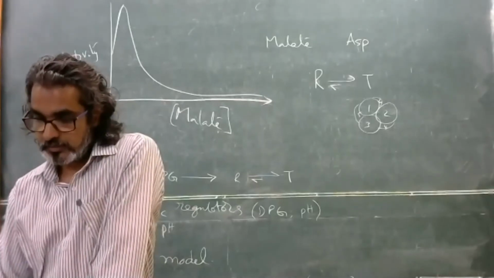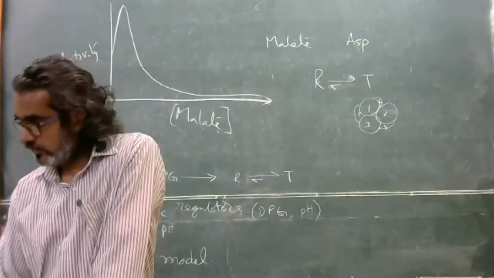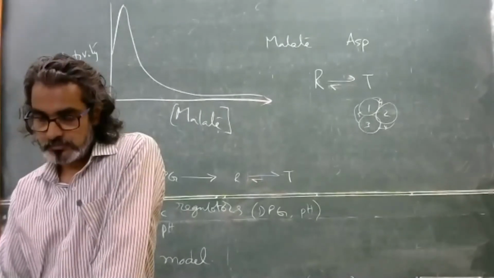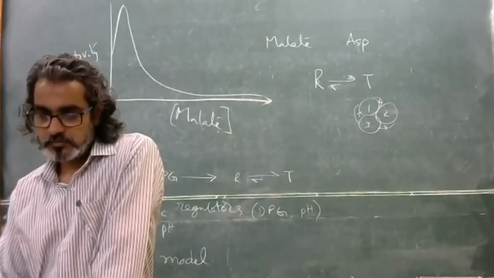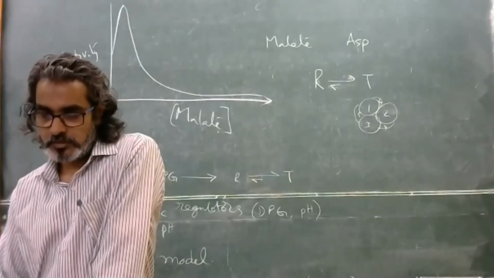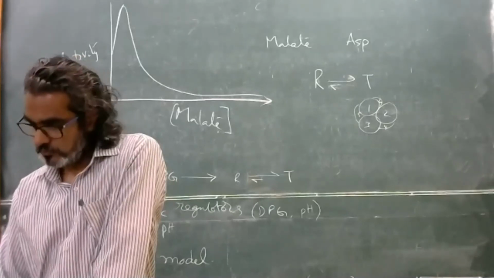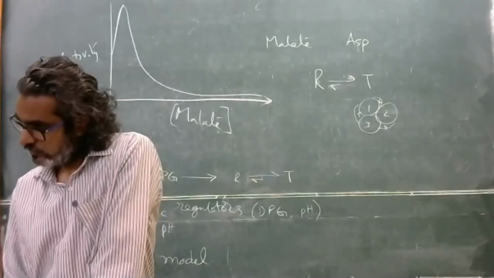Sir, I have some doubts regarding this. Okay, go ahead. Sir, when you were telling about DPG binding with hemoglobin and decreasing the affinity towards oxygen, can we say that DPG has 2 phosphate groups and 1 carboxylate group, which are negatively charged, and this can form salt-bridge type interactions by stabilizing the T state?